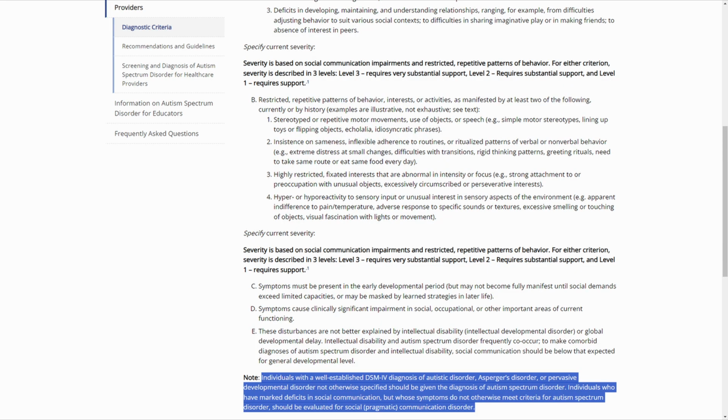Individuals with a well-established DSM-4 diagnosis of autistic disorder, Asperger's disorder, or pervasive developmental disorder not otherwise specified should be given the diagnosis of autistic spectrum disorder. Individuals who have marked deficits in social communication but whose symptoms do not otherwise meet the criteria for autism spectrum disorder should be evaluated for social pragmatic communication disorder.